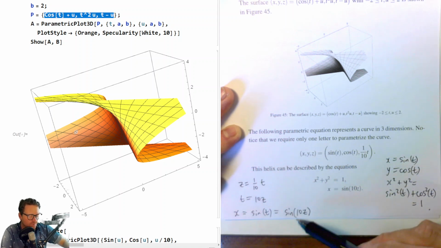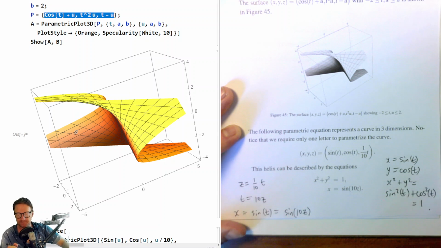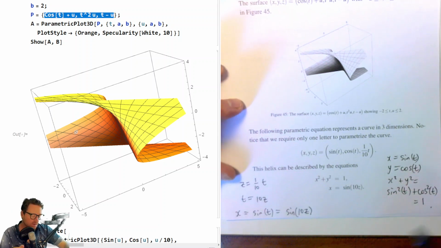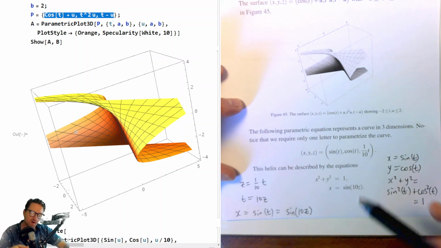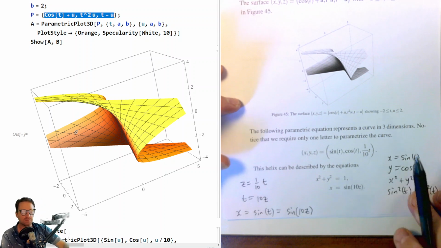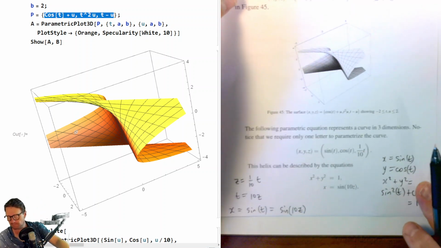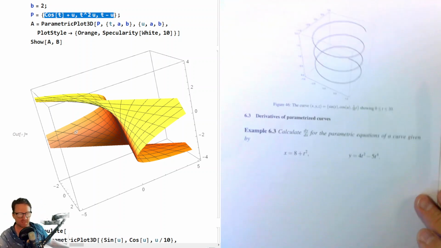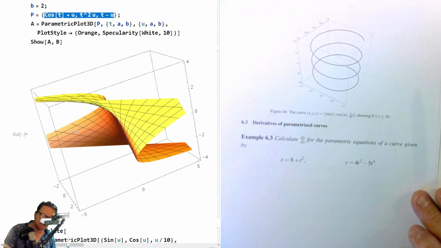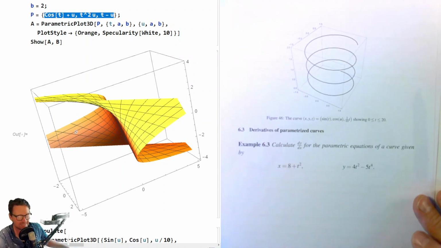Now we have a relationship between z and x. That's just a sine wave. So from one point of view, we have a sine wave, and looking from above down, we have a circle of radius 1. So what does this look like in 3D? Well, it is a helix.